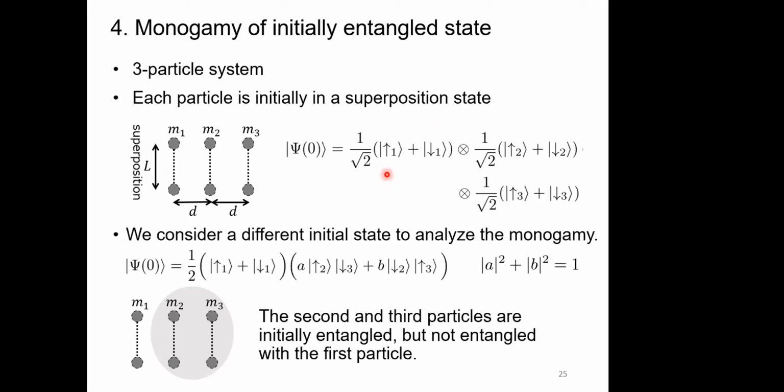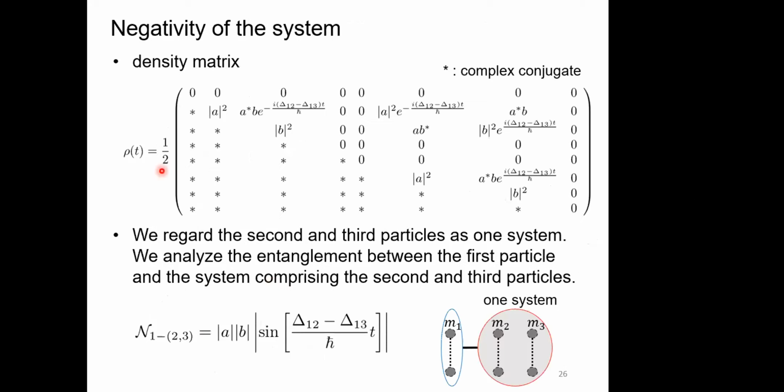The second and third particles are initially entangled, like this, but are not entangled with the first particle, in the state given by this formula. The density matrix is derived by this form.